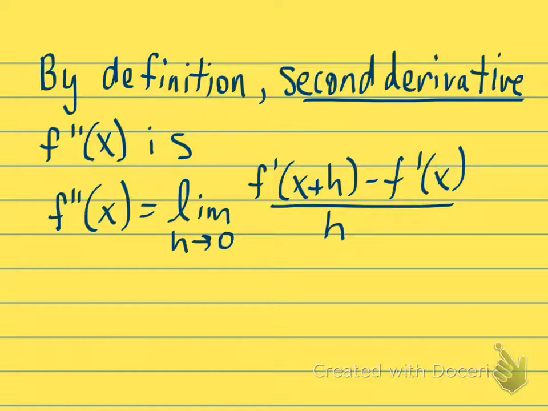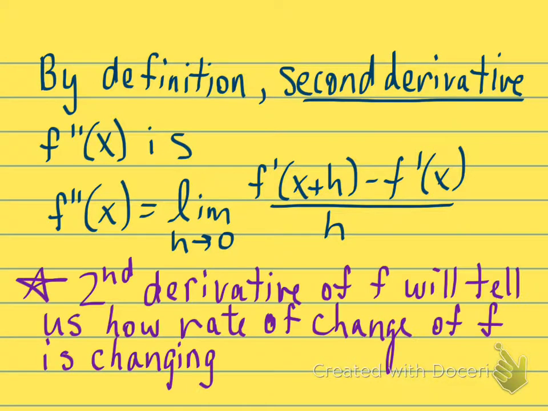So that is exactly what it means to be the derivative of the first derivative. Now, the second derivative of f will tell us how the rate of change, which is f prime of x, is changing. So it's the rate of change of the rate of change, basically. So let's see what that means graphically.